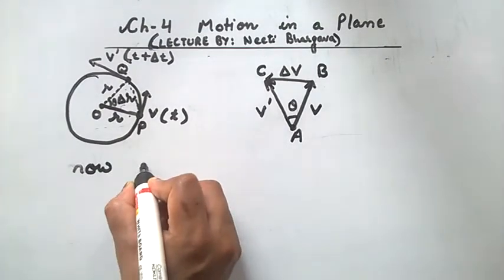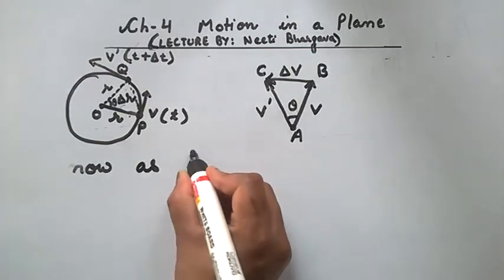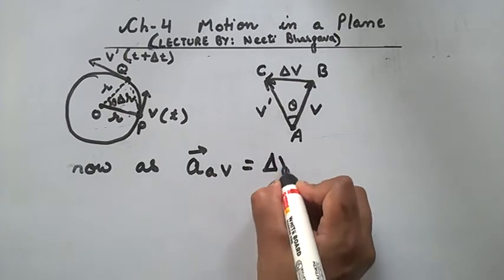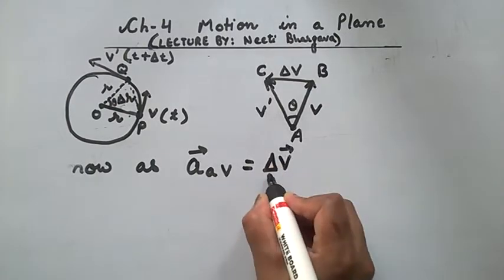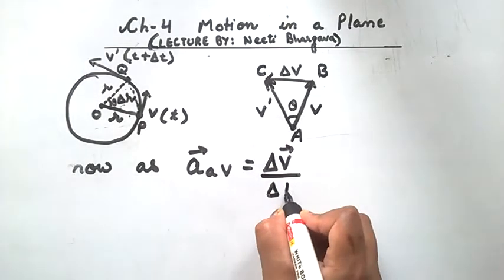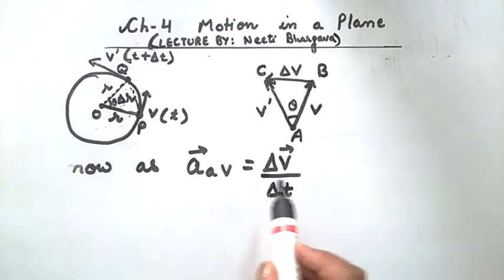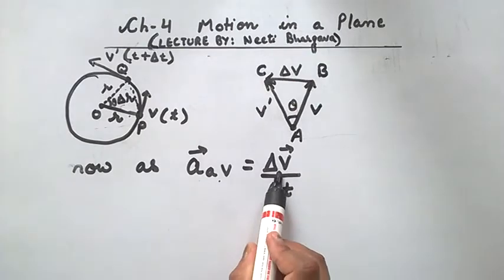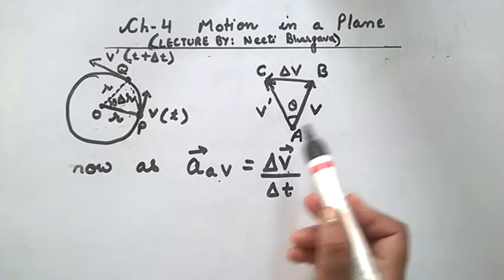Average acceleration is given as change in velocity of a particle within change in time. And here the direction of this average acceleration is the same as that of delta v, that is towards the center.